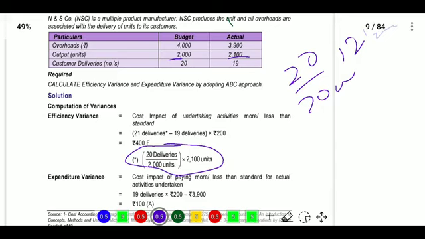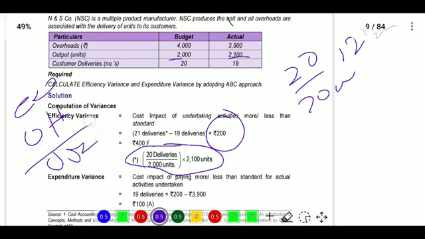How did you get this 200? It is the overhead expenditure divided by deliveries.